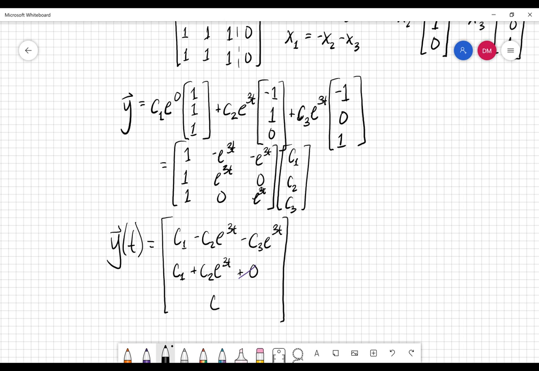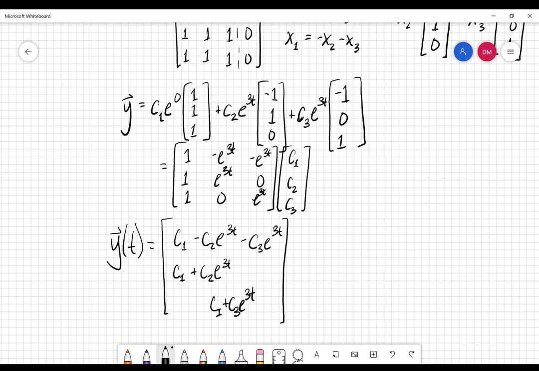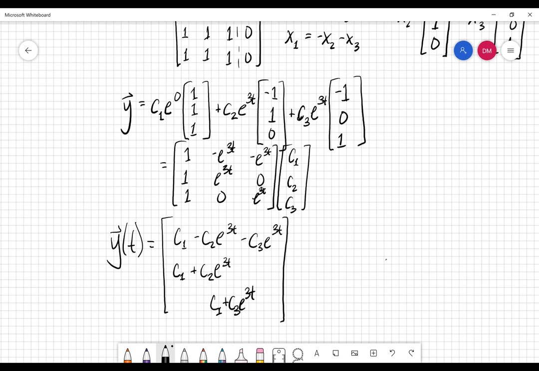This should be an e to the 3t. So I should have c sub 1 plus c sub 3 e to the 3t for that last solution there. Okay, so I'm going to get rid of my plus 0 here. And this would be my solution to my system of differential equations. Again, the general solution would take on this form right here.